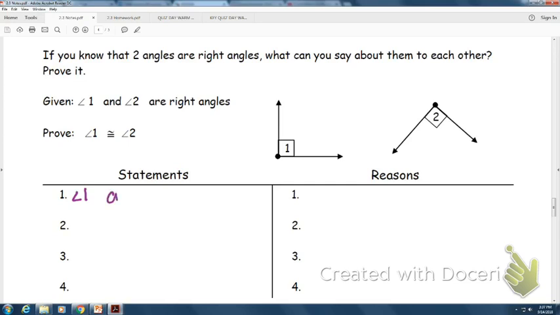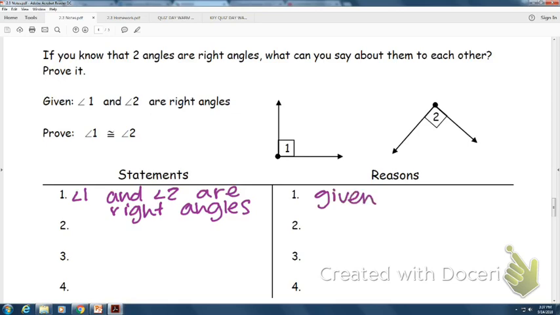Angle 1 and angle 2 are right angles. You literally write exactly what it says. And boom, 2 points. So if you know nothing and you have no idea what to do next, at least write your given, because that's automatic 2 points. Okay, it kills me when people leave it blank and just don't do the proof when they're fully capable of at least copying down the given.